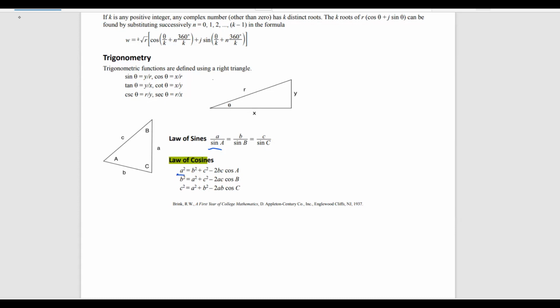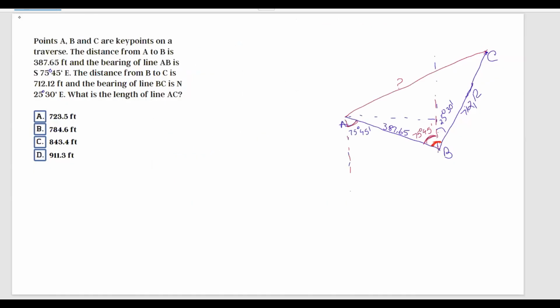Let me write this down. I'm going to make this B. So this is my B. This is A. This is C. And then this is angle ACB.